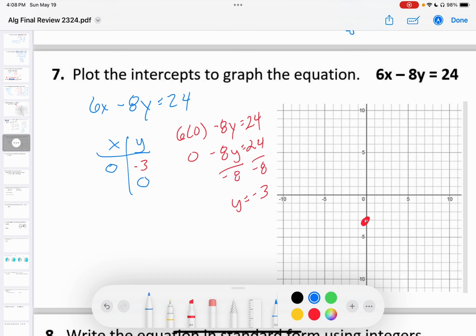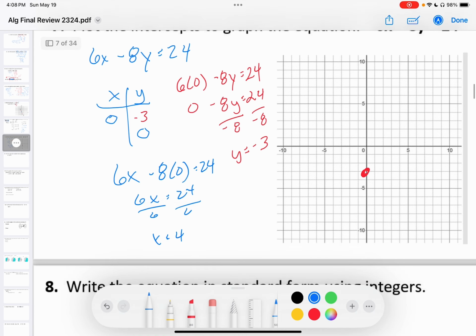The other one, 6x minus 8y. Now this time we're going to get the y be 0. So 6x equals 24. Divide by 6. X is equal to 4. So there's our other one. X equals 4, y equals 0.